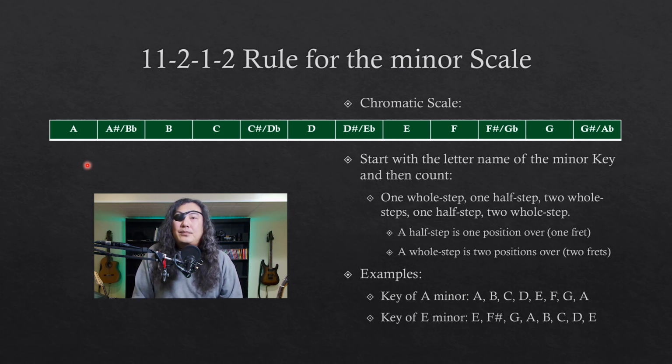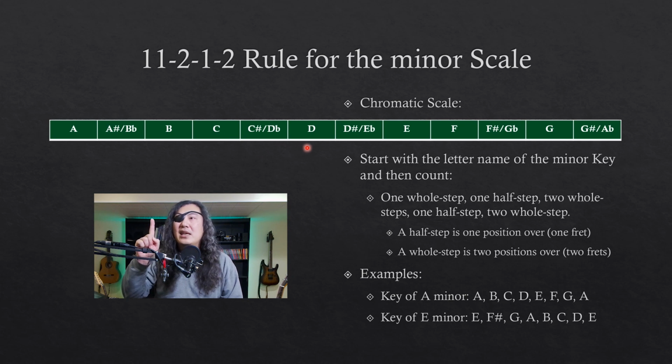So we're going to do the same thing. We're going to start with the letter name of the key that we're in, A minor. So we're going to start with A, and then we're going to apply this series of whole steps and half steps to the chromatic scale. So we start with A, and we do one whole step to B. And then we do a half step to C. That's our 11. One whole step, one half step. And then we're going to do 2 whole steps from C to D. That is one whole step.